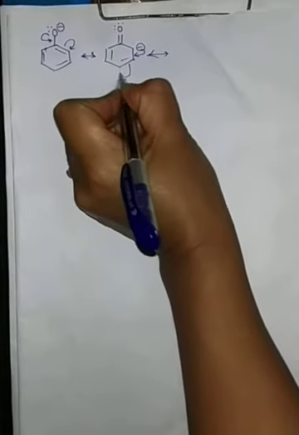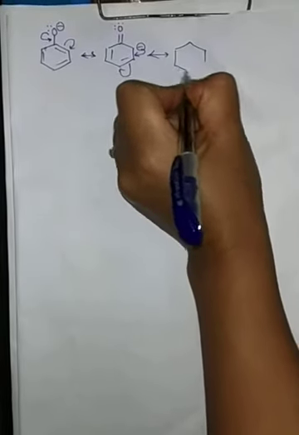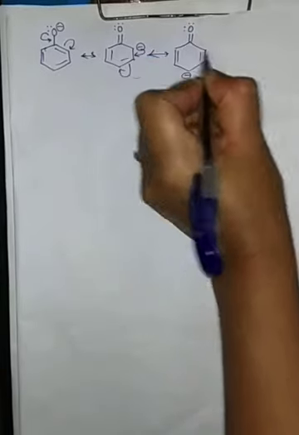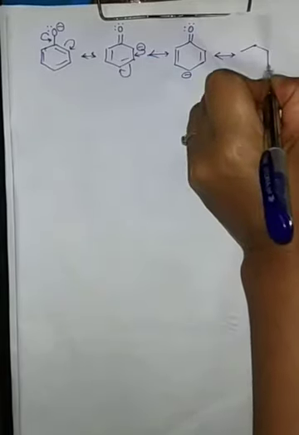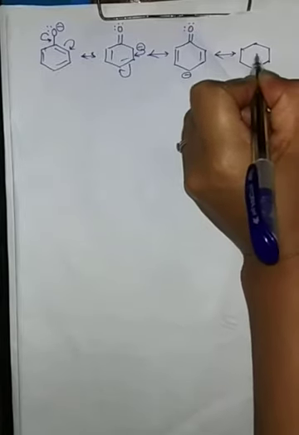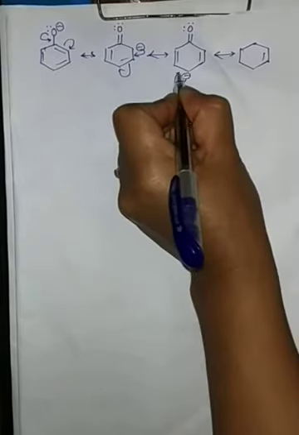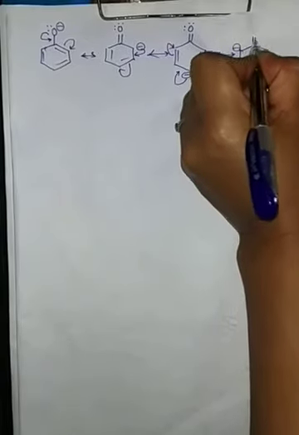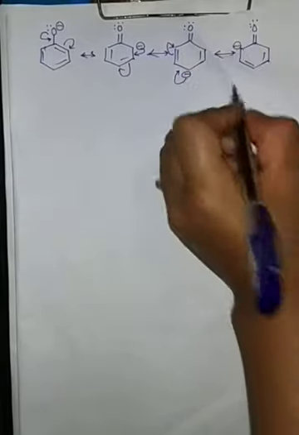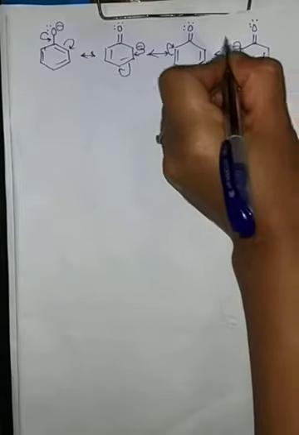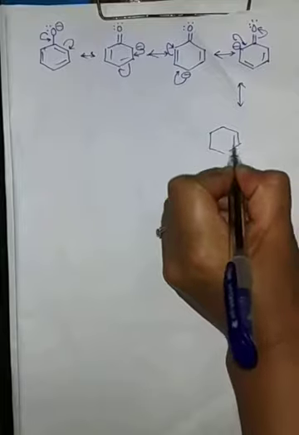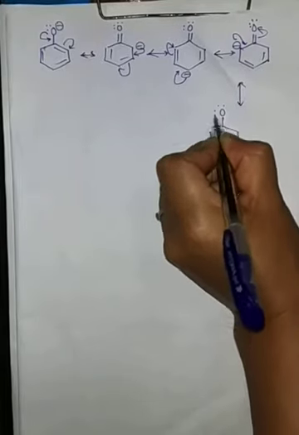If this comes, this will shift here. This comes here, and then we'll be getting electron density here. This goes back, and then we'll be getting back our phenoxide ion.